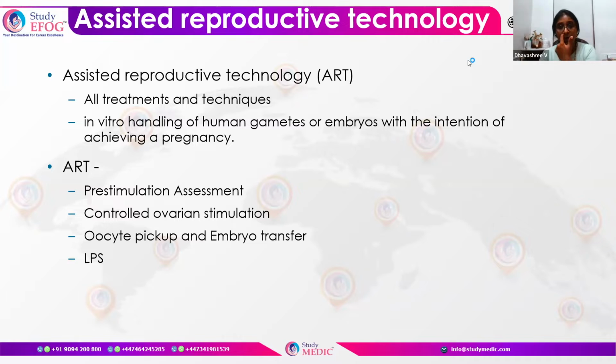In an ART, there is a pre-stimulation assessment, then controlled ovarian stimulation, followed by the trigger, which ends in oocyte pickup. Then embryos are made and embryo transfer is done. After embryo transfer, we give luteal phase support. These are the components of an assisted reproductive technique.